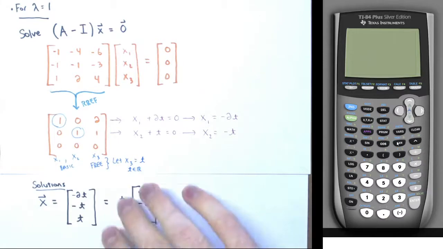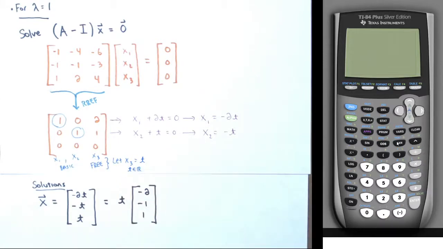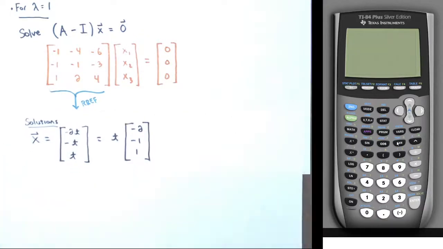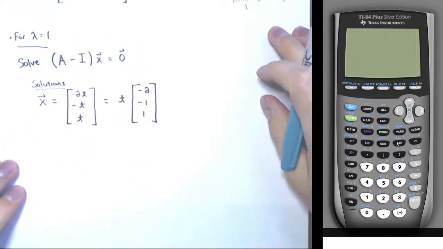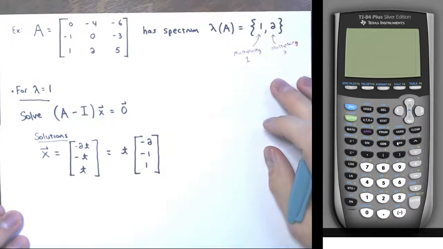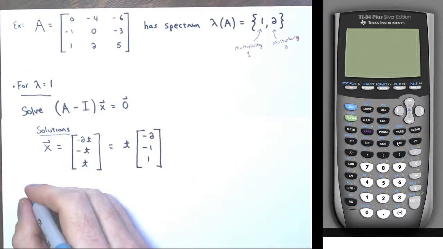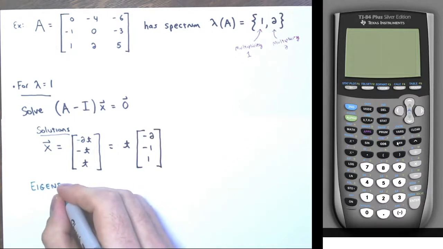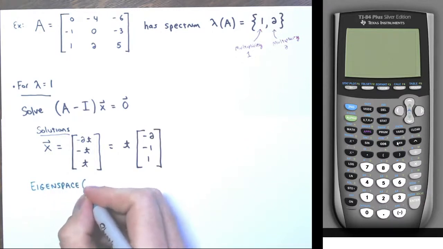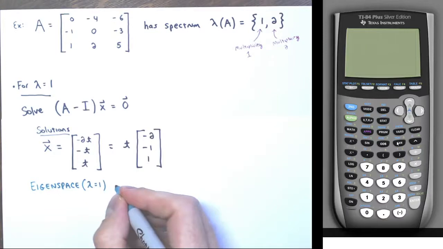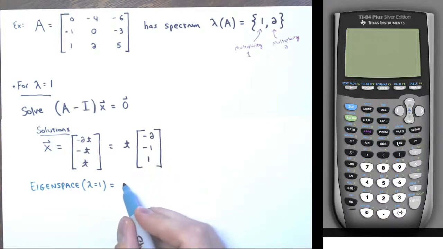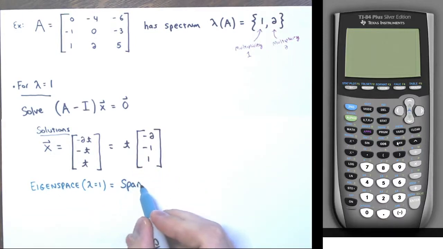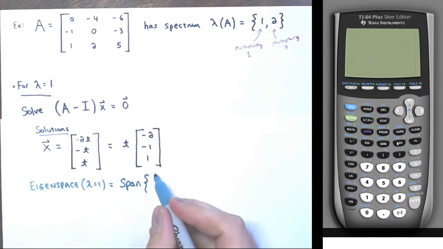Alright, so this is a description of the eigenspace for lambda equals 1. So the eigenspace for lambda equals 1 is just the span of the set with this vector negative 2, negative 1, 1 in it.